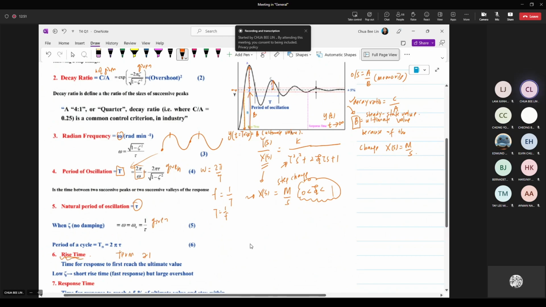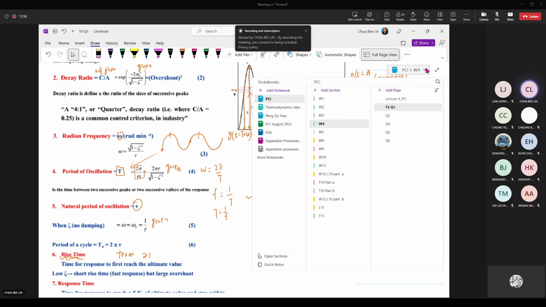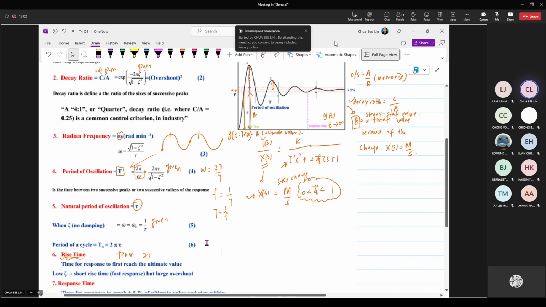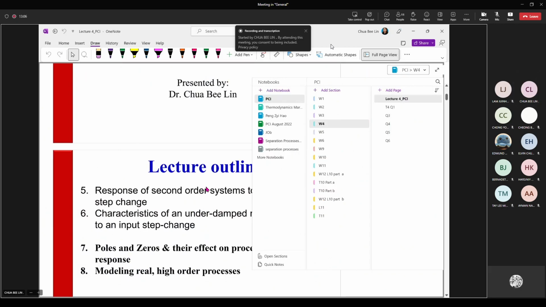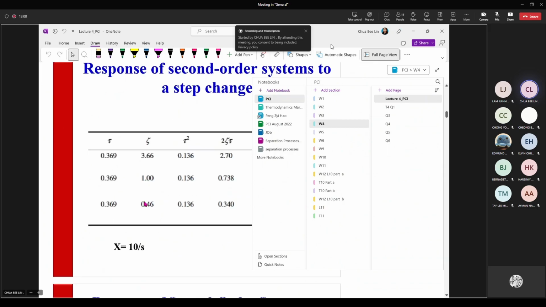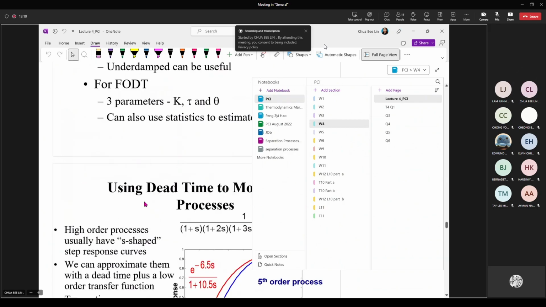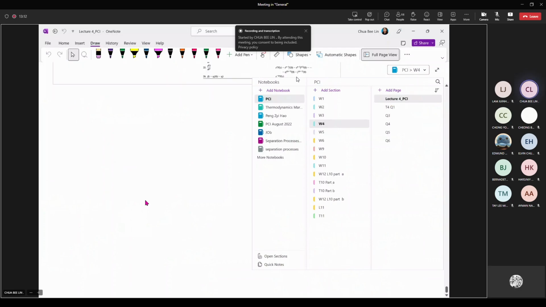So the term 21 is the one we have in the Laplace table. So where's the Laplace table? Okay, so later I will copy the equation. So this is the Laplace table where you can get from the end of the lecture here. I think I included here.